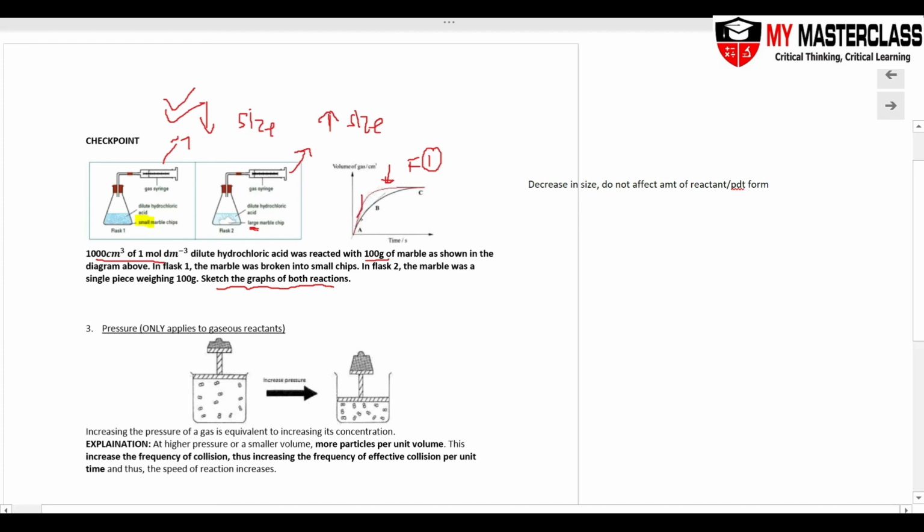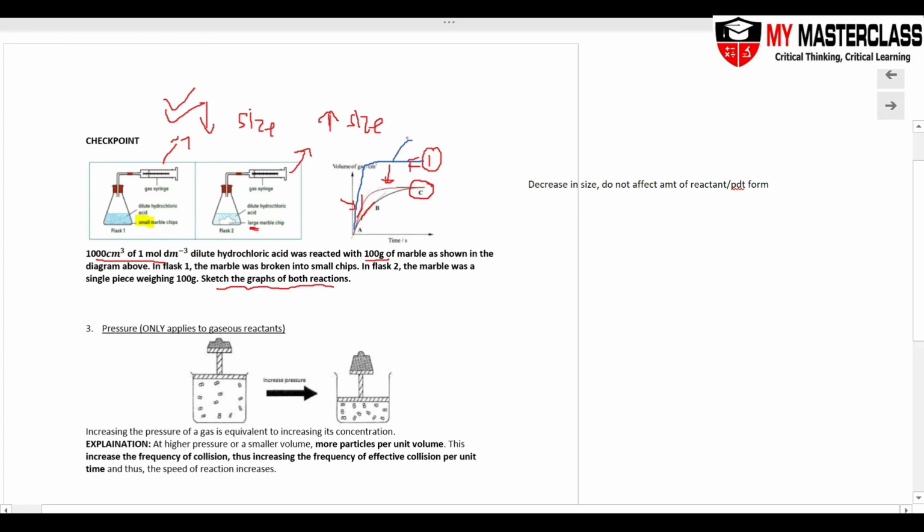The first red line that I draw is steeper than the second red line, so this is the faster rate of reaction. But the important thing is both reactions will end at the same point. The graph will not look like this. It will not double up.